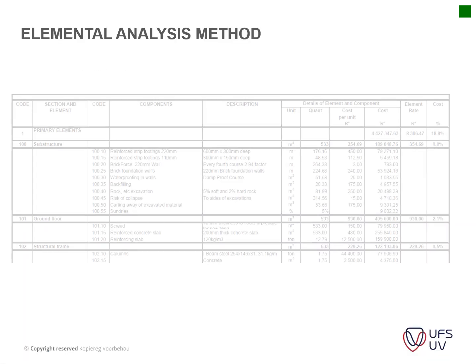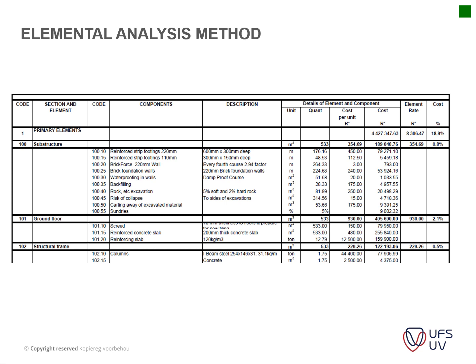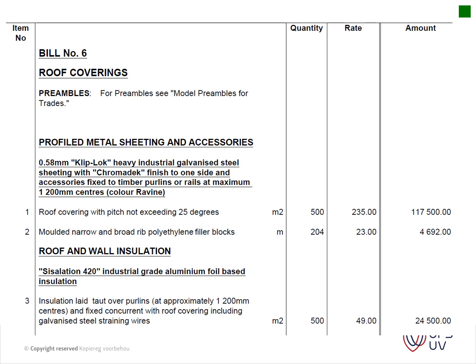Scrolling down further, this is now for your substructure, divided into more detail, and you can see now it's measured in different units, per meter, per square meter, per cube. You add some percentages for items that you don't really know, like hard rock, soft rock, etc. Then you get your floor construction, structural frame, etc. Okay, so not too important to know all of these differences just yet.